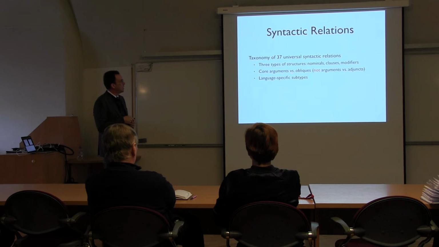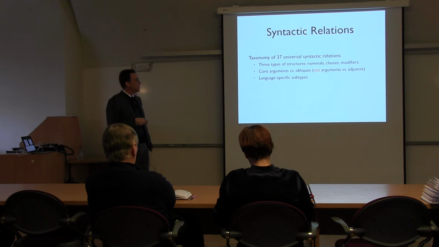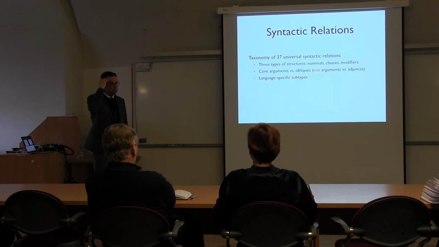The second one is the distinction between core arguments, essentially subjects and objects, which seem to have a special encoding in most languages, and basically everything else, or at least on the clause level, between what we refer to as obliques. And it's important to note that this is not exactly the same distinction as that between arguments and adjuncts, which has more to do with valency.